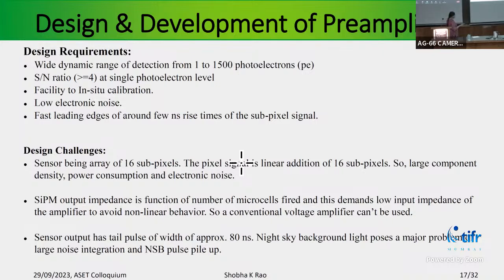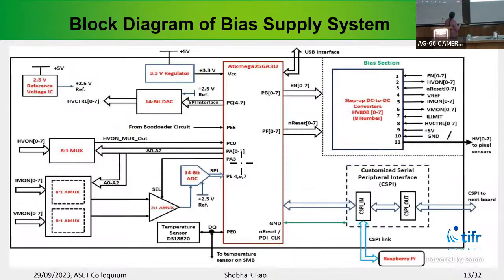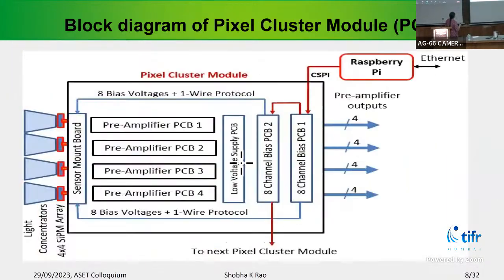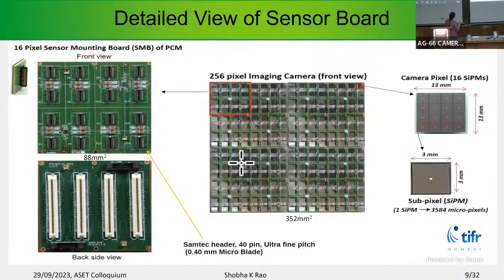And the challenge is that the pixel sensor has 16 SiPMs. I think I have to go back. Okay, now this is the sensor board, and we have the amplifier here.